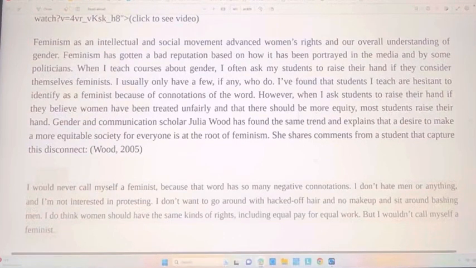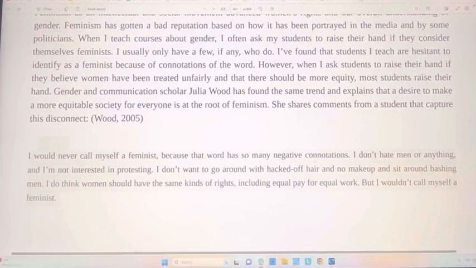I found that students I teach are hesitant to identify as a feminist because of connotations of the word. However, when I ask students to raise their hand if they believe women have been treated unfairly and that there should be more equity, most students raise their hand. Gender and communication scholar Julia Wood has found the same trend and explains that a desire to make a more equitable society for everyone is at the root of feminism.